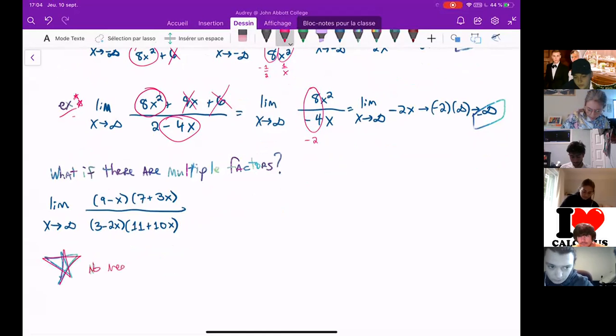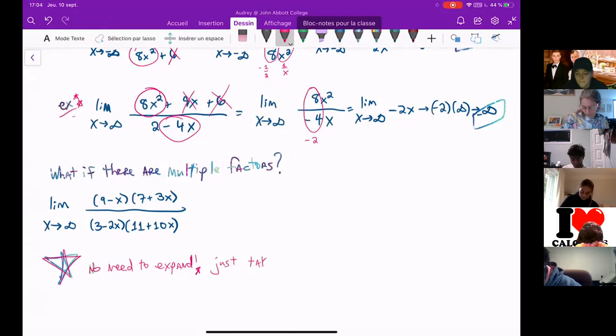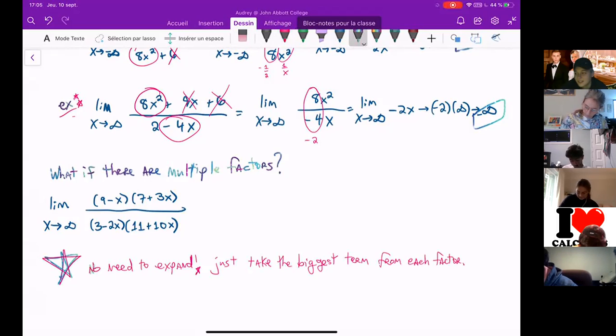No need to expand. Just take the biggest term from each factor. And sometimes it's actually going to be unreasonable to even think about expanding. In this case, we could, but we're not going to.